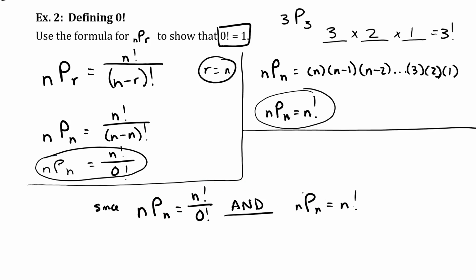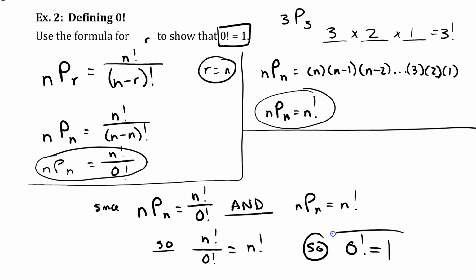They're the same thing. So n factorial over 0 factorial is n factorial. Anything that is divided by 1 is itself, and that's the only way that that is possible. So 0 factorial equals 1.